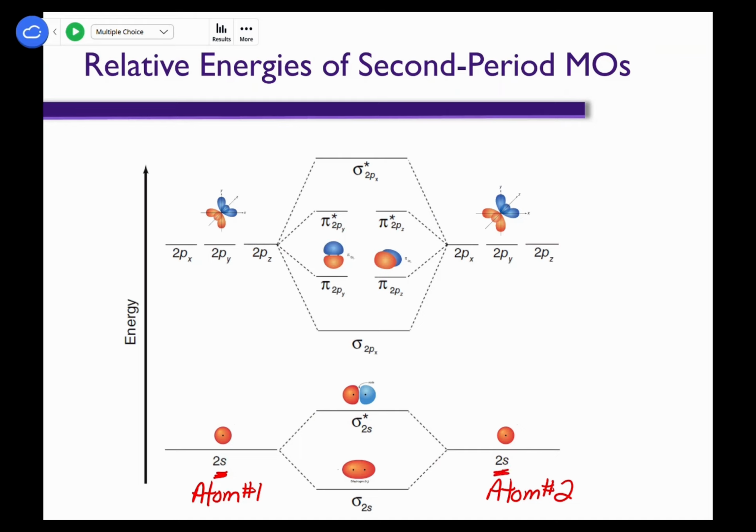And we know as our S's combine, 2 atomic orbitals in, we get 2 molecular orbitals out. But now when we have 3 degenerate p orbitals, px, py, pz from one atom, and px, py, pz from the second atom, when 3 plus 3, which is 6 atomic orbitals, come together, we're going to get 6 molecular orbitals. And the relative energies matter.